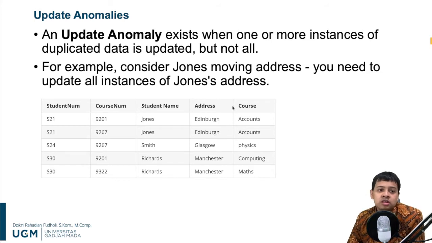But if we update all of the addresses which have the name Jones, then that's not an update anomaly. But these kinds of things are quite burdensome, so it's quite hard. Imagine if the student name Jones appears 100 or maybe 1,000 times, then we need to change the address 1,000 times.